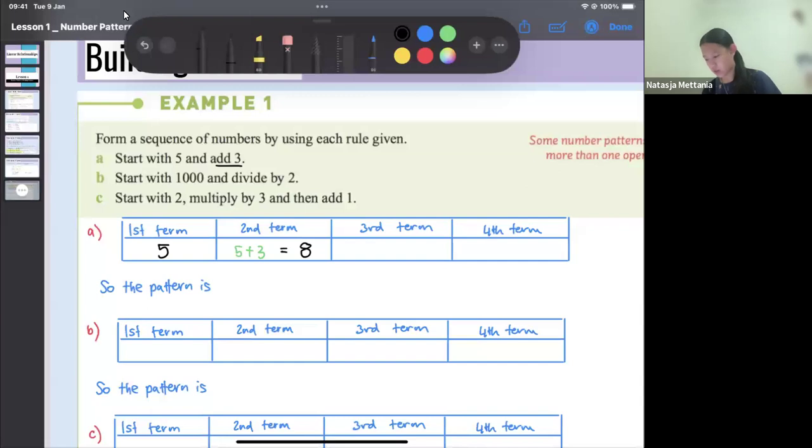Now I'm going to use 8. 8 plus 3 equals 11. 11 plus 3 equals 14. That's how I'm using the rule and putting it into a table.